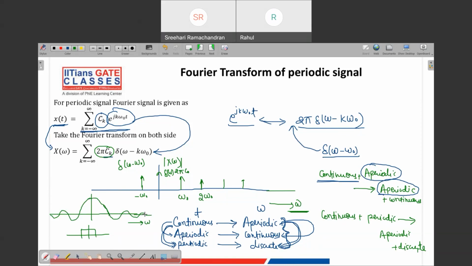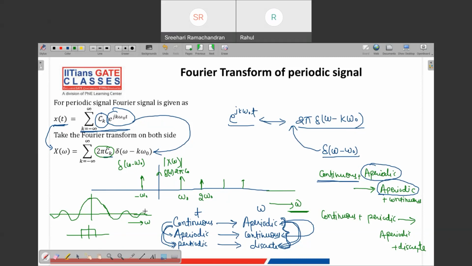But in this case we are getting a discrete signal, and as seen in the figure, it's equally distributed between omega naught, like 0 to omega naught, then omega naught to 2 omega naught. So I had the doubt: the signal is discrete in the time domain.